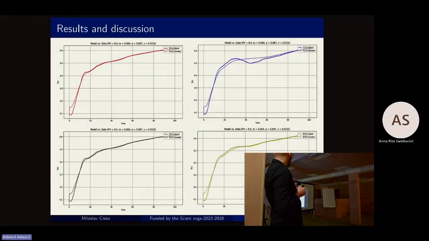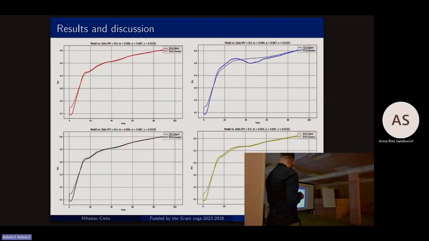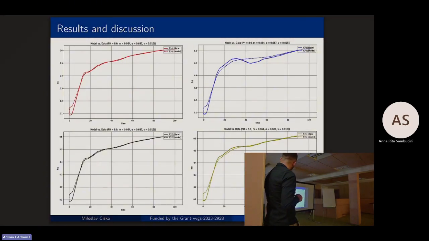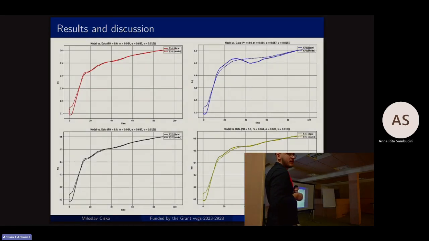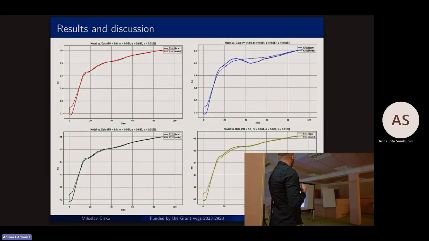So what it looked like. This whole line is the real data for each measurement, and this dotted line is our model. So these three, the red one, the black one, and the green one, this should look like, because the bacteria growth we can imagine as a bathtub shape.